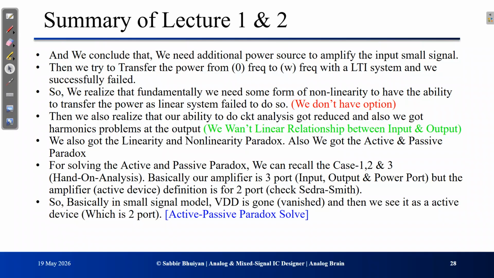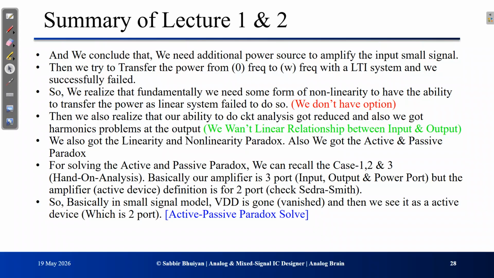Basically what happens is that you forcefully make it active. You do some DC bias, you get some additional power source, and do some tuning and a lot of things. After that, you can visualize it as a small signal model in the active region. When you draw a small signal model, this is an incremental model, so your VDD is not incrementally changing.